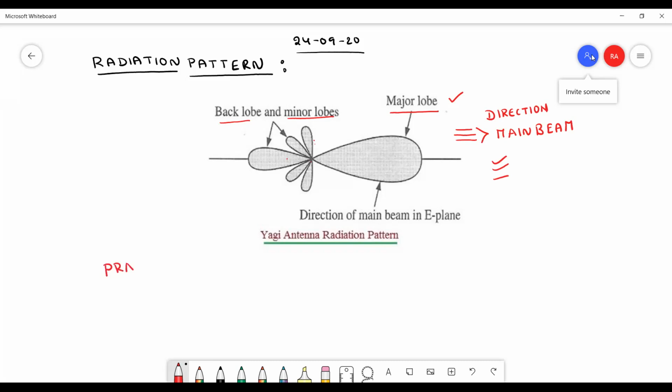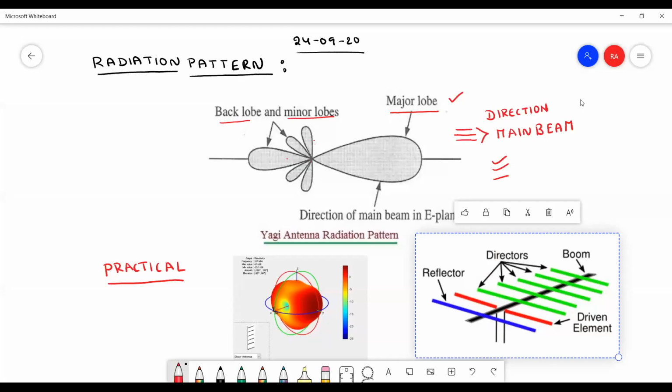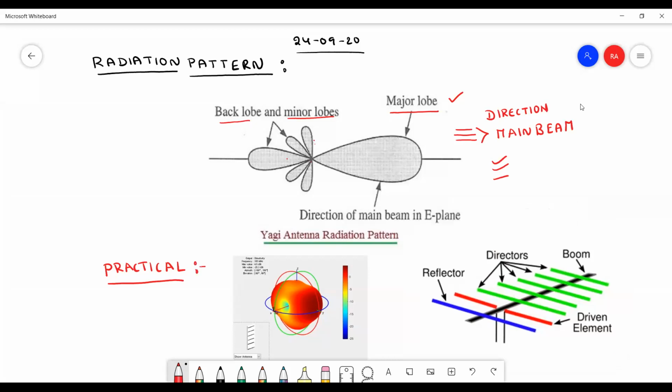So this is the ideal case. Now we have the practical simulation pattern. These are the possible practical radiation patterns from antenna simulation.